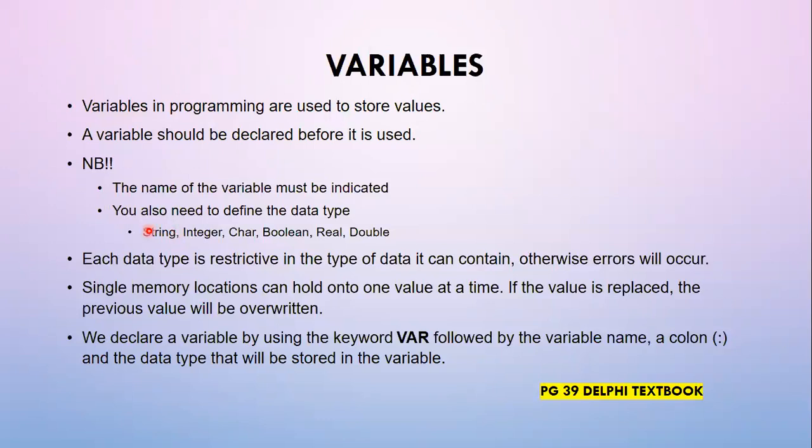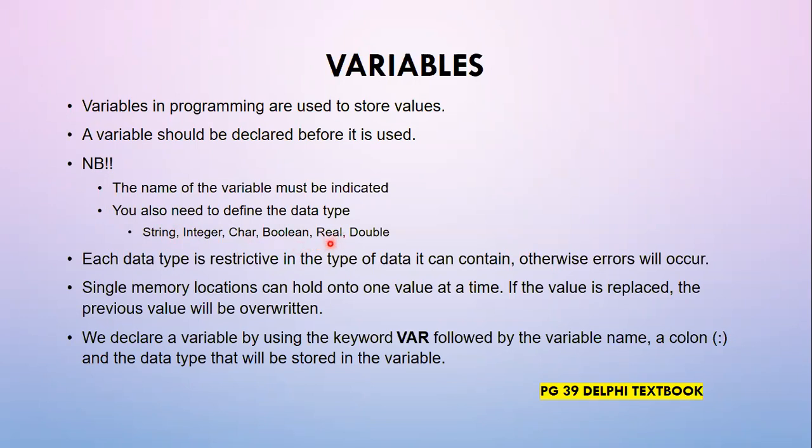Is it a string? Is it an integer? A char. This is a new word to you. Char is a single character. Boolean stands for yes, no, true, false, so it can be one or the other.